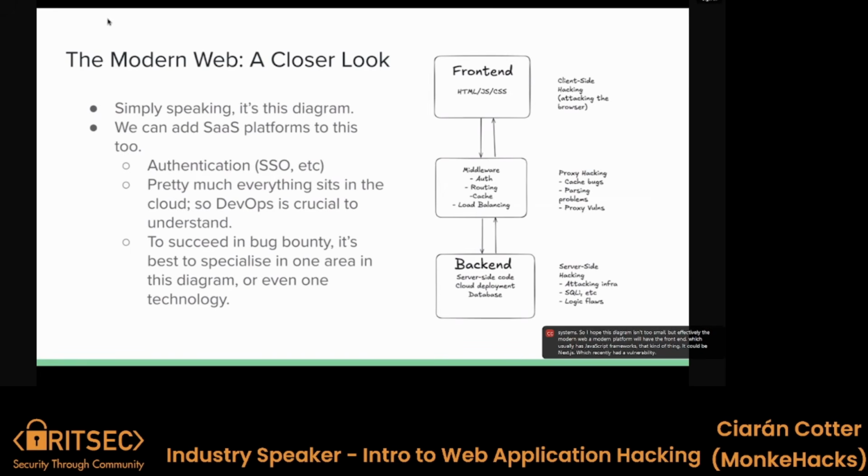There's middleware, which tends to handle things like routing, cache of resources like images, load balancing for distributing the workloads, and sometimes even authentication as well, for example, limiting access to certain kinds of servers. And then, of course, at the very end is the backend, which contains all the logic, the code, often the cloud deployment, and the database. So this is largely what the modern web stack is.